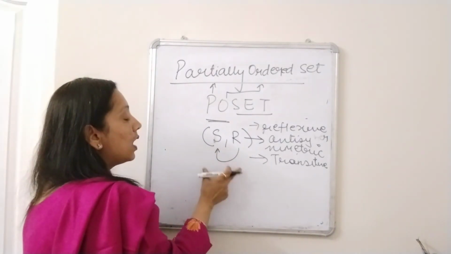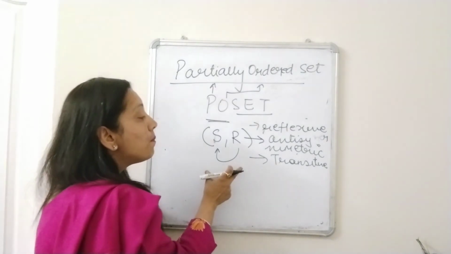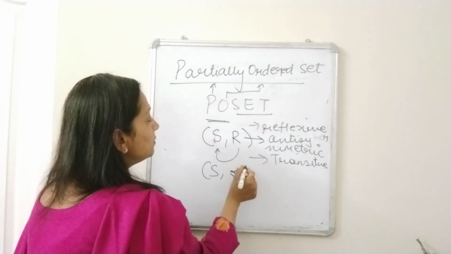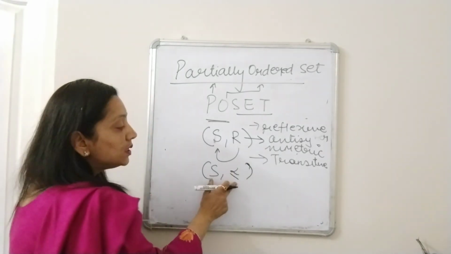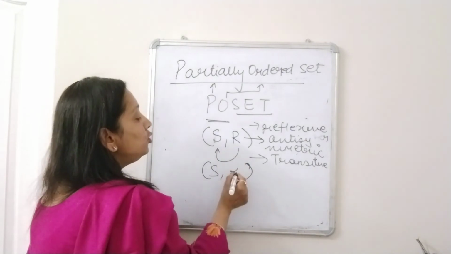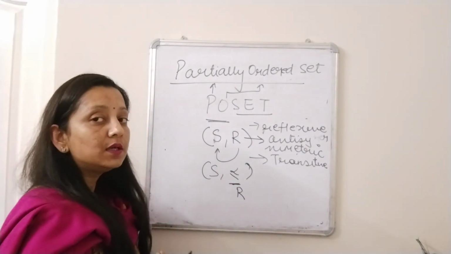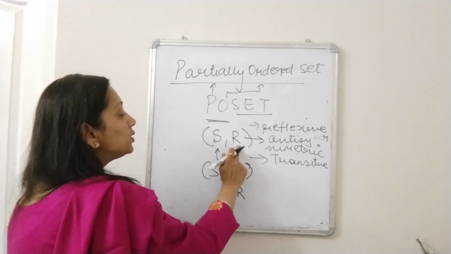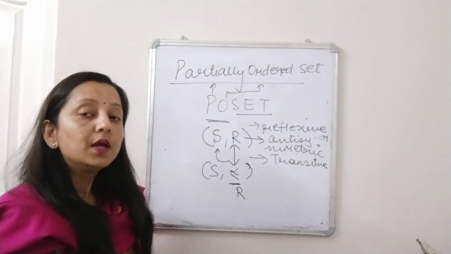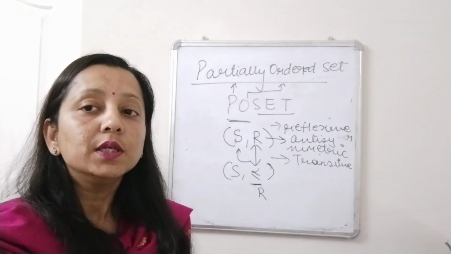So S comma R, this is how you represent partially ordered sets or posets. It can also be written as like this symbol. Now many people confuse this symbol with infinity. This is not the infinity symbol, and you can use this symbol in place of R, which represents a relation. That means you can use R and this symbol interchangeably. So this is all about posets or partially ordered sets.